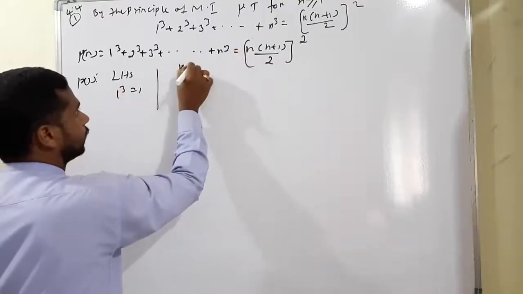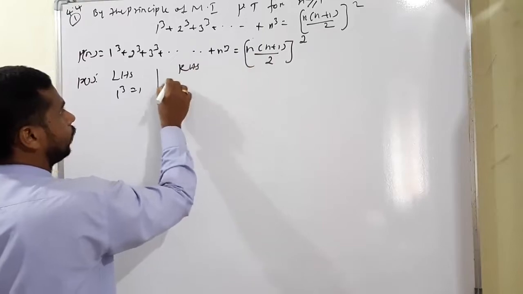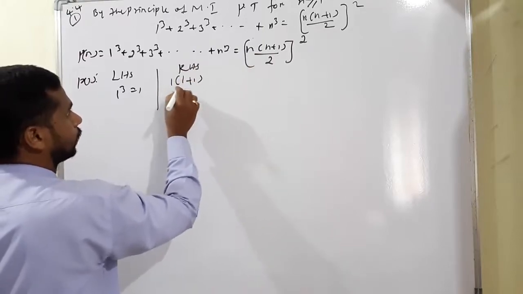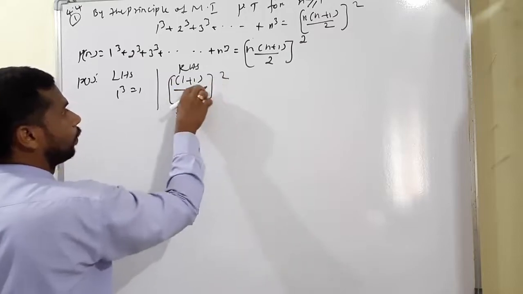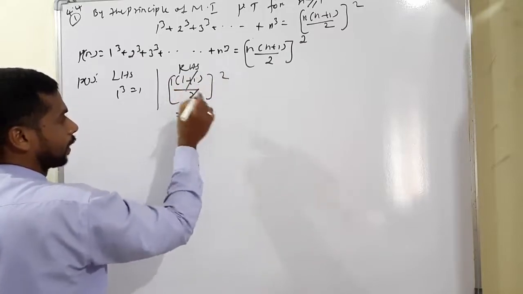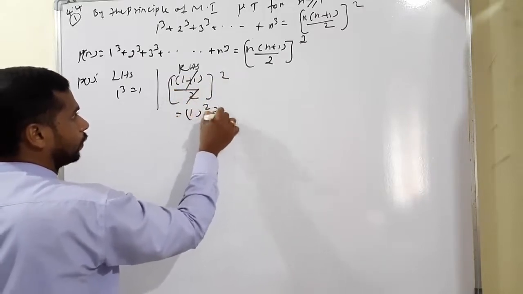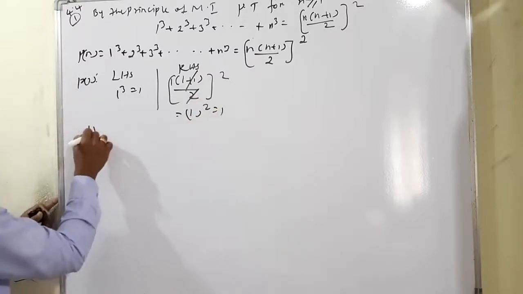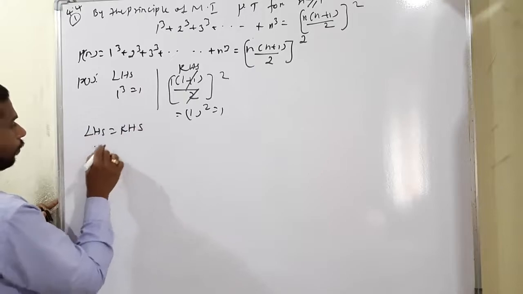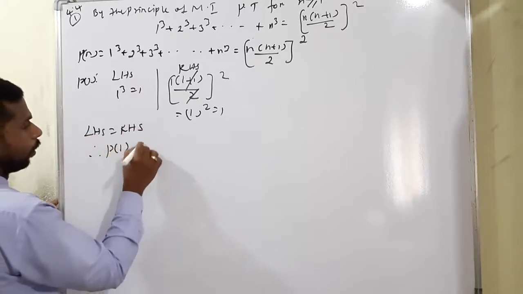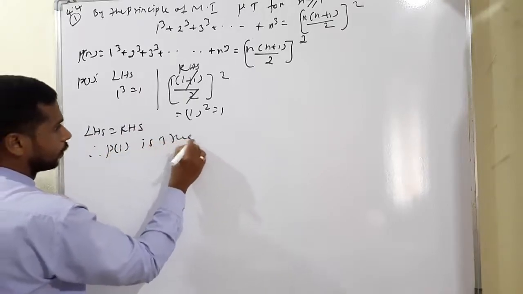In RHS, 1 into (1 plus 1) by 2, the whole square. 1 plus 1 is 2, 2 divided by 2 cancels, leaving 1. Therefore 1 whole square means 1. Now we can say LHS is equal to RHS. Therefore, P of 1 is true.